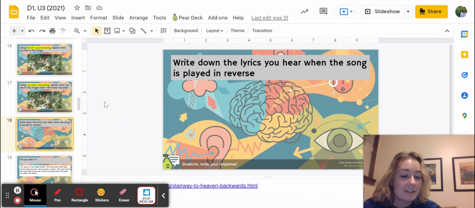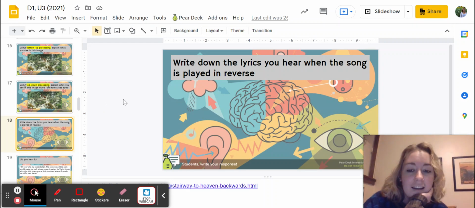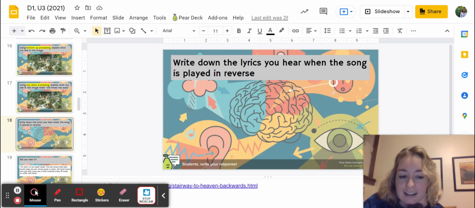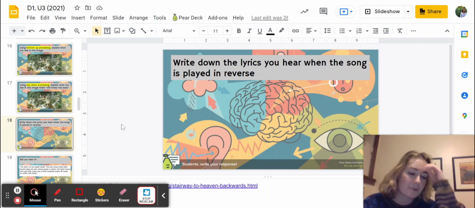Okay. And here's another good example of this. It's tied in with confirmation bias in a way. I ask students to listen to Stairway to Heaven in reverse and write down what you hear when it's played backwards. Usually, you just come up with your own thing.